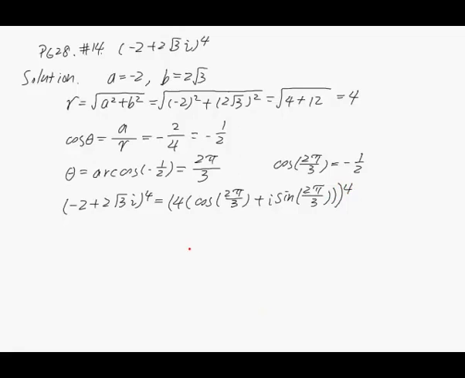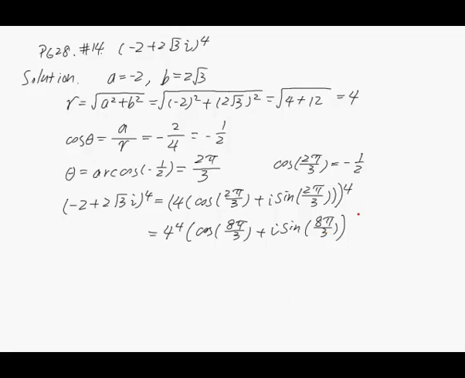Right. So by De Moivre theorem, this is equal to the fourth power of 4 times cosine of 4 times 2 pi over 3. So this is equal to 4 times 2, you have 8. So it's the 8 pi over 3 and plus I times sine of the 8 pi over 3.